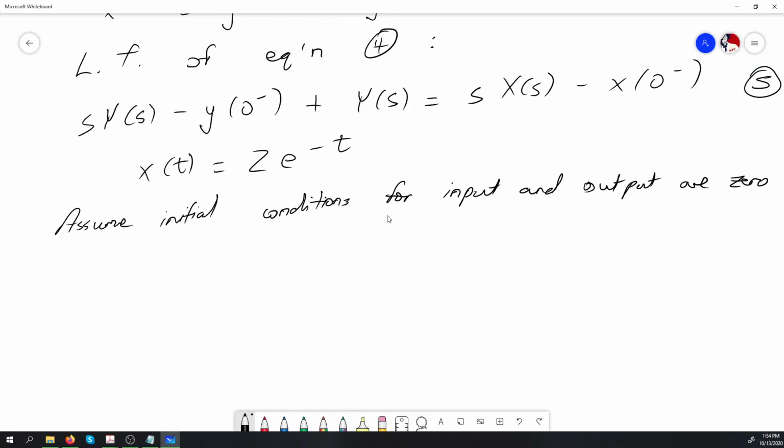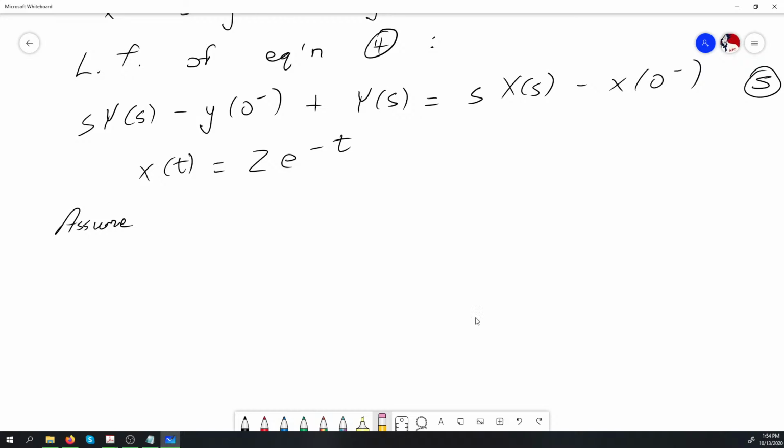So that means y of 0 negative is equal to x of 0 negative, equal to 0. Can I make that assumption? No, I can't make that assumption for the inputs, because we actually have the x of t equation here. Assume initial conditions for the output.